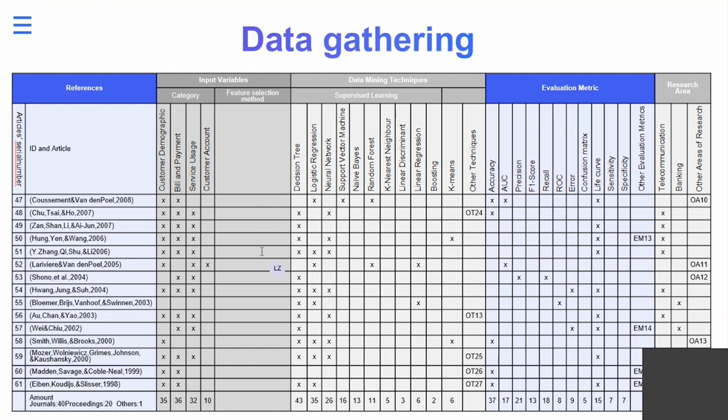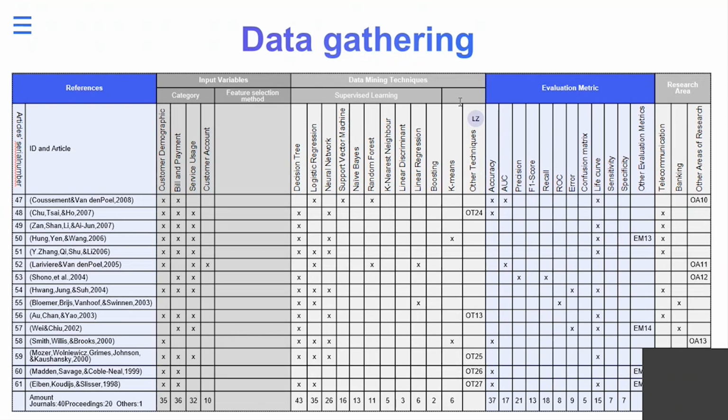In total, there are over 55 data mining techniques used in these articles, some individual techniques and some hybrid techniques. They can be divided into supervised and unsupervised techniques. Besides k-means clustering, which is unsupervised, supervised techniques account for most of the data mining techniques applied in the selected publications.